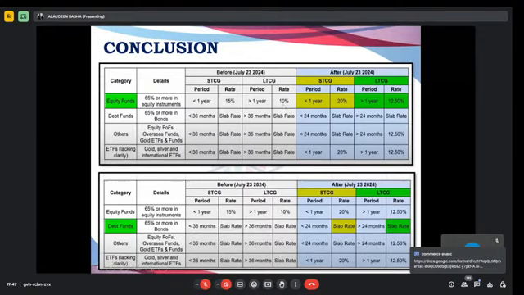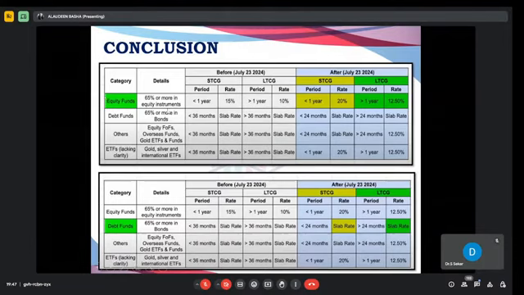Long-term capital gain was 10%. But after July 2024, both STCG and LTCG were revised. Short-term capital gain changed from 15 to 20%, and long-term capital gain changed from 10 to 12.5% in equity funds. Clear?